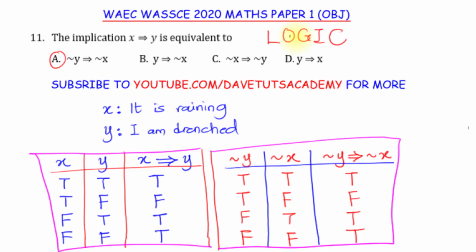So that means that for the question that we are being asked, we can see that if x then y is equivalent to if not y, then not x. And that is why option A is the correct one. It's a classical question on logic, and this is the right approach to take to solve it.